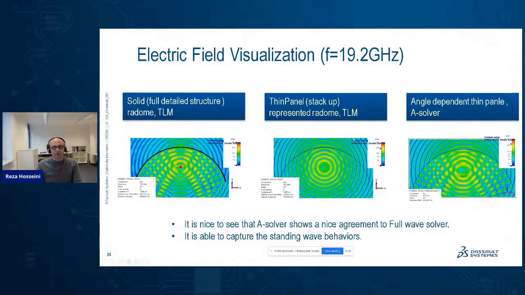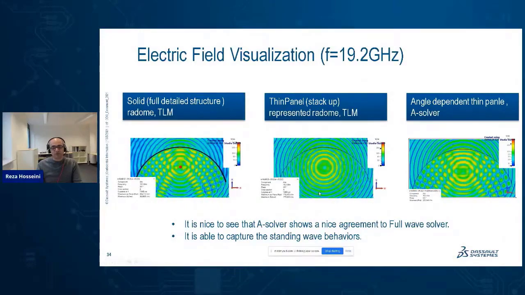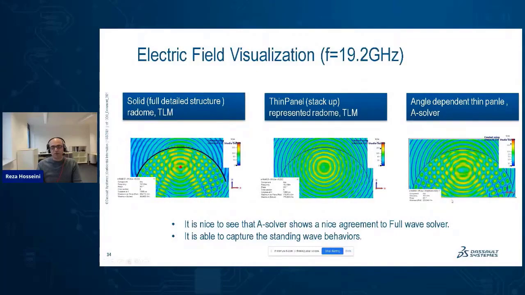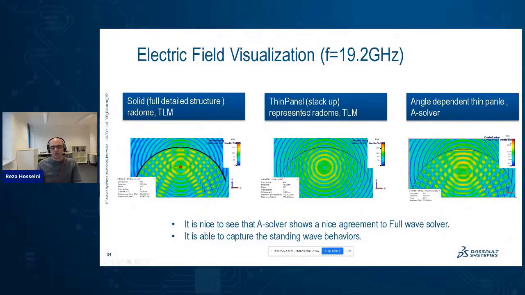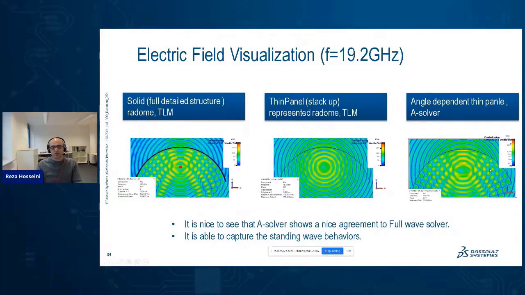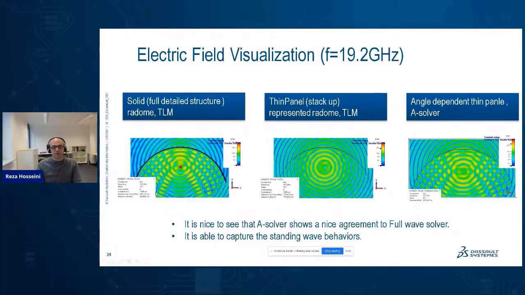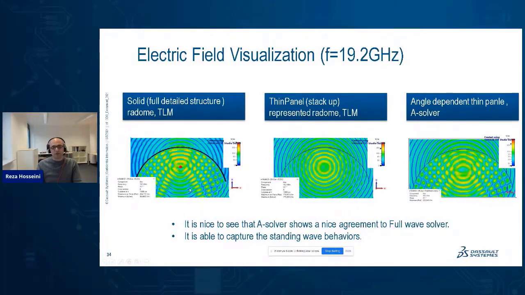In the middle is the full wave with the sim panel representation in TLM, and on the right side we have the hybrid solver with the angular dependent sim panel definition. Here we can see that the result on the right is quite similar to what we get on the left with the full geometry, full wave.